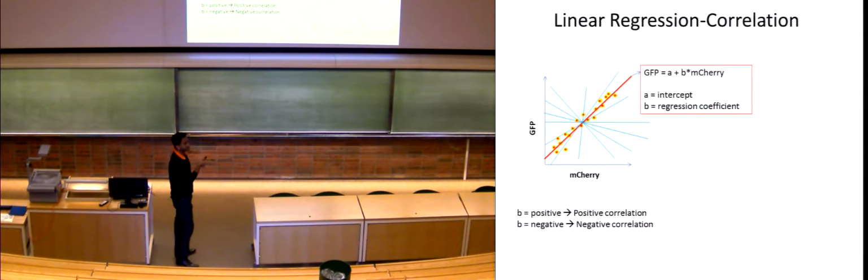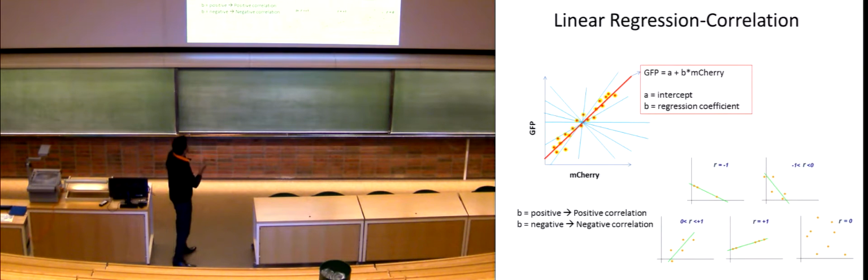A is called the intercept, B is called the regression coefficient, and depending on the sign of B, if it is positive, then it's a positive correlation. If B is negative, then it's a negative correlation. Based on this, we have also computed that Pearson's correlation can go from -1 to +1, depending on the relationship between these two variables. So this is all about correlation, right?